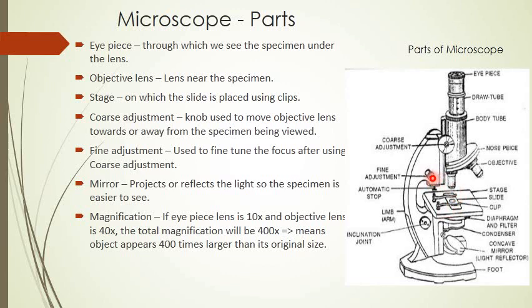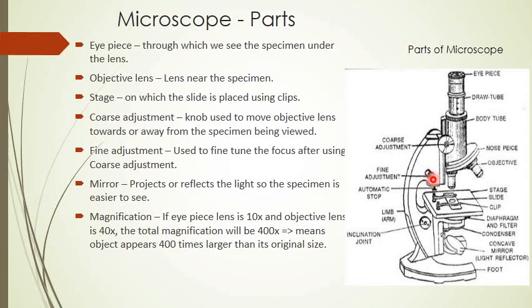The fine adjustment is finally done with slight movement so that the object or the specimen becomes clear. The specimen placed here should be clear, that means we use this fine adjustment knob to make it so.